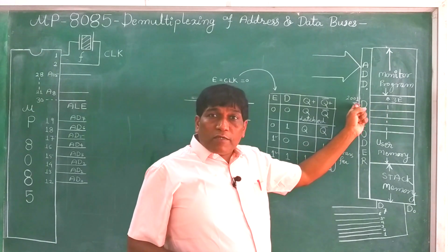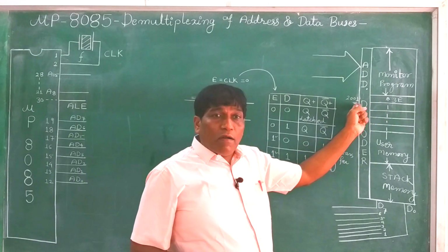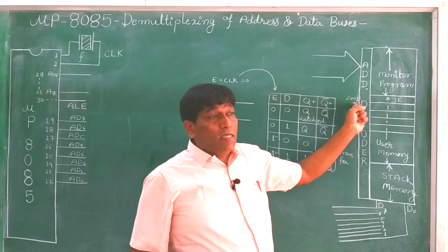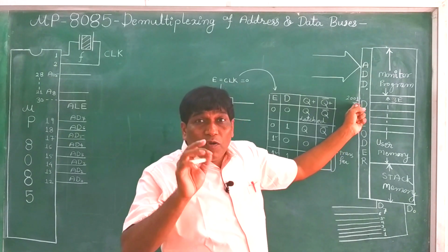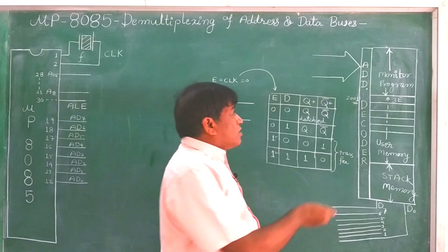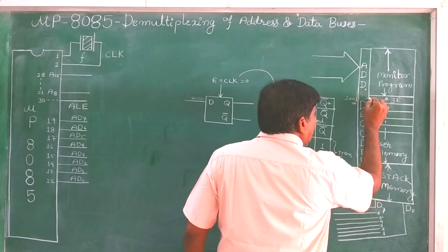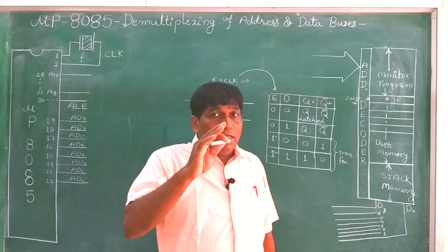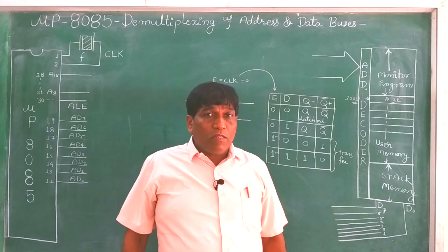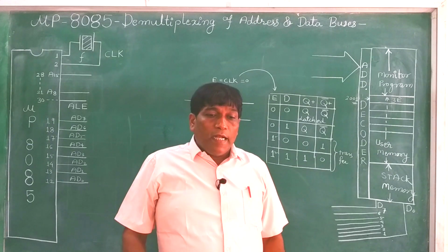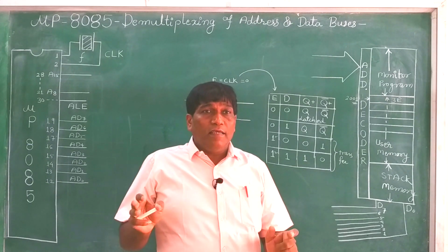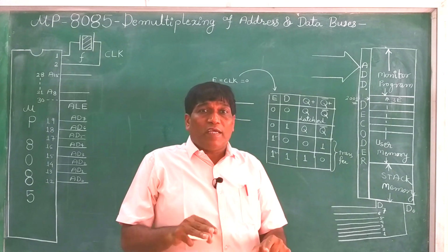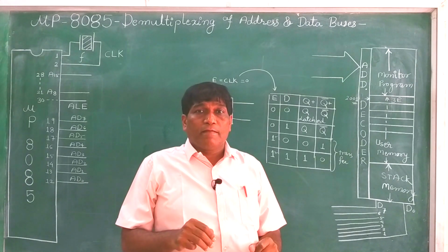Now coming back to this, what is the lower order address? The lower order address is 01. This lower order address should be held. That means this location should not change, because we have already seen in the timing diagram that during T1 the address is loaded on the lower order address bus, and during T2 and T3 the same bus has to carry the data.